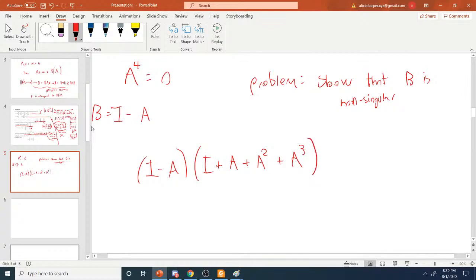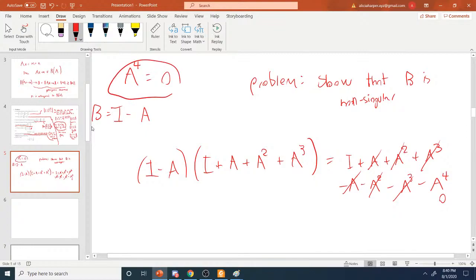And if we do this, what we get is I plus A squared plus A cubed, and then minus A squared minus A cubed minus A to the fourth. Well, this cancels with this, cancels with this, cancels with this, and this right here is just equal to 0 by assumption.